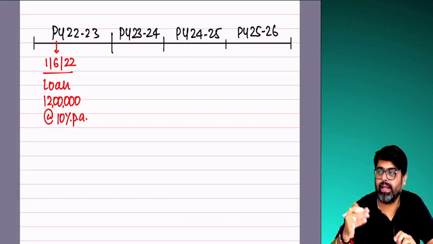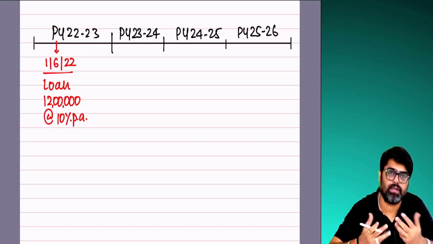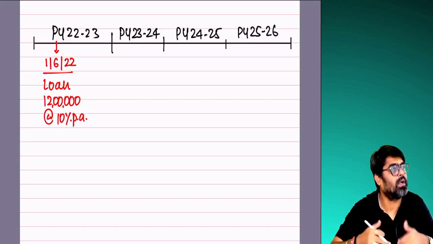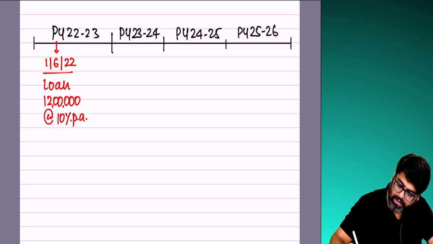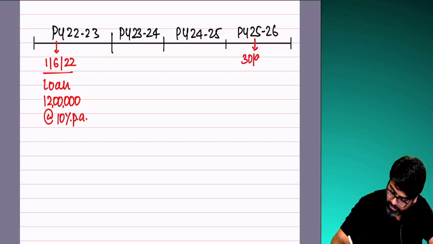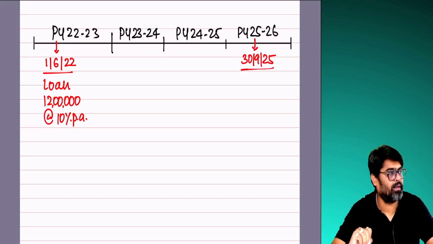By taking this loan, I started the construction, or construction continued. Construction is going on, and finally in 25-26, on 30th of September 2025, construction got completed.